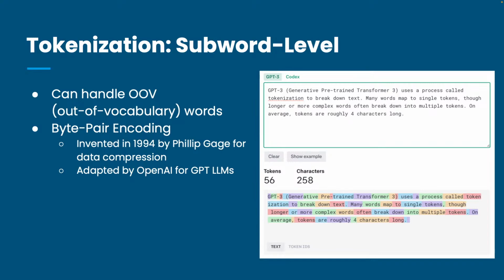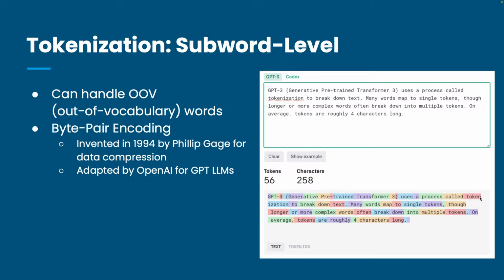And on the right, you can see an example of tokenization for GPT. And you can see that GPT-3, even though it's a word, is actually tokenized into multiple different characters because it's an acronym. And at the same time, words are typically either captured in full, for example, many words, or they're broken up. For example, you see tokenization.